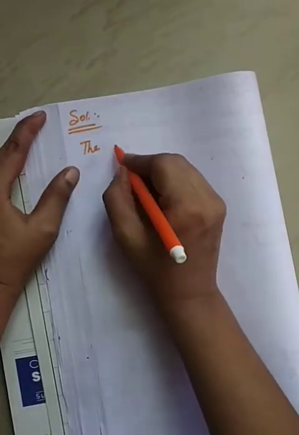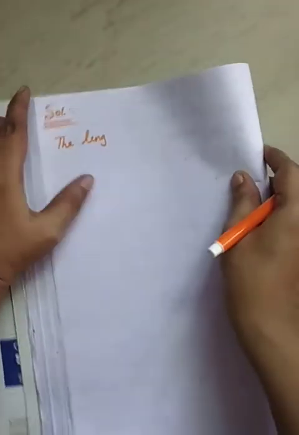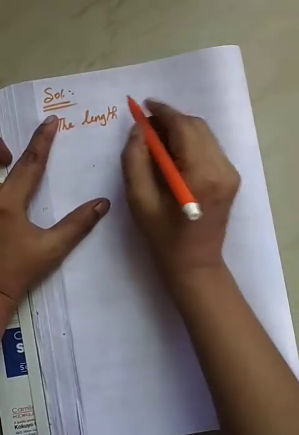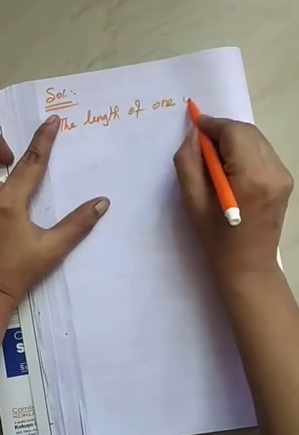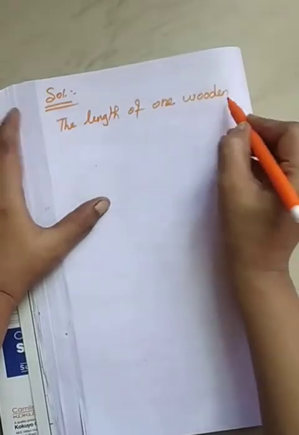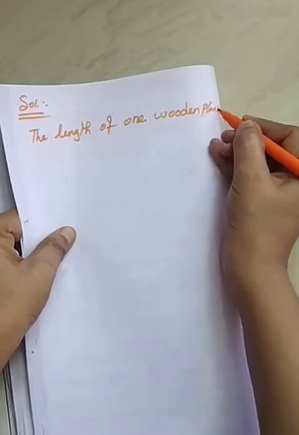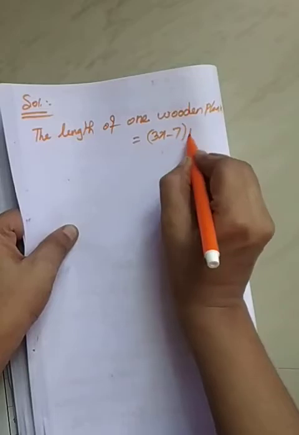The length of one wooden plank is equal to 3x minus 7 meter.